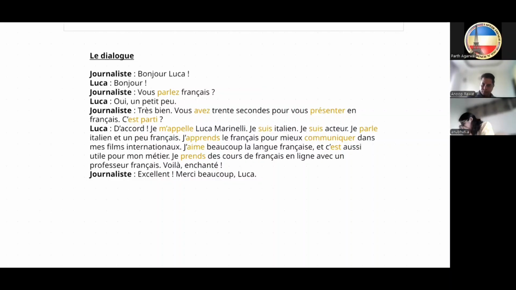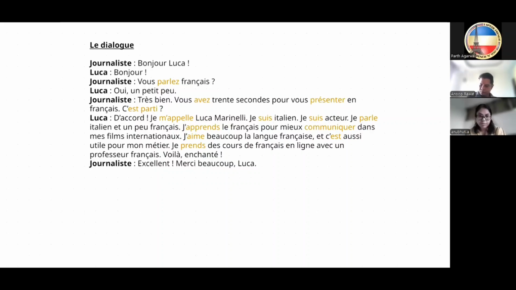The ones that we have seen are a mixed group: there are some conjugated verbs, some non-conjugated verbs, some regular verbs, some irregular verbs, some ER ending verbs, some IR ending verbs, and some RE ending verbs as well. So first, we will simply write down the verbs that we have highlighted over here.